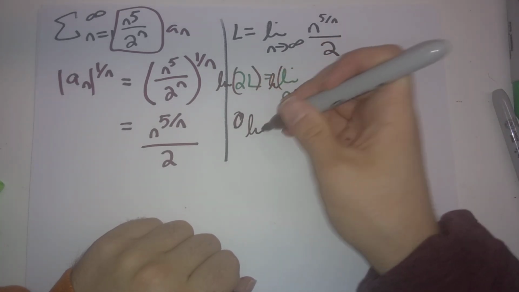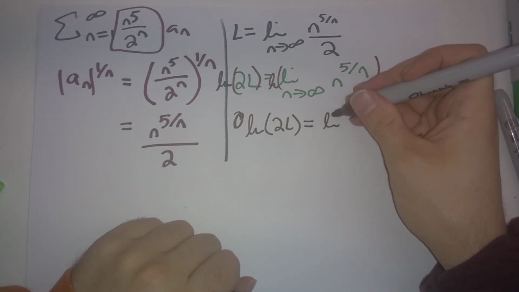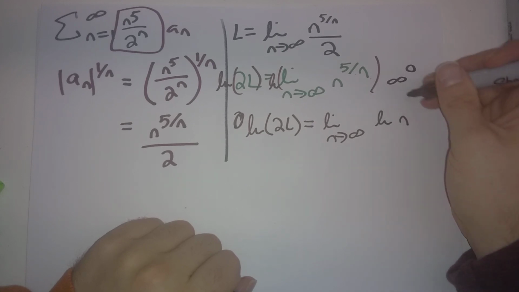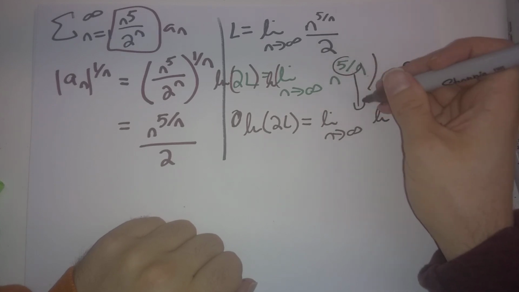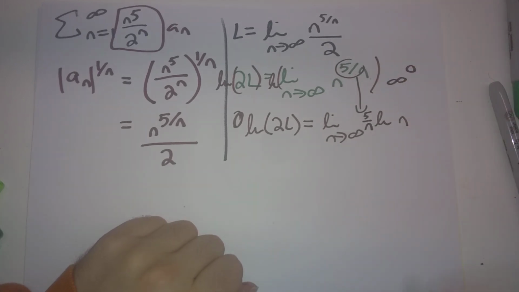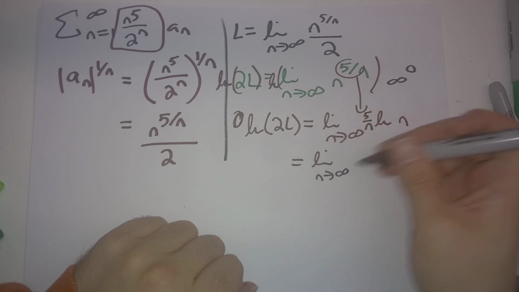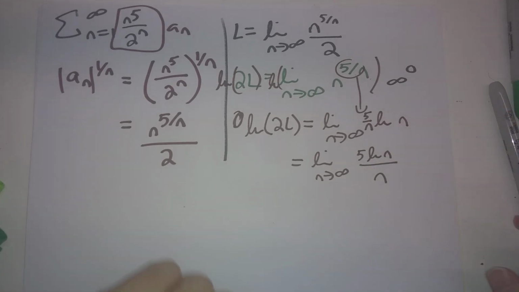So what do we have? Natural log of 2L is equal to the limit as n goes to infinity of natural log of n to the 5 over n power, but I'm going to bring that exponent down. And a little bit of rearranging, the limit as n goes to infinity of 5 natural log n over n.